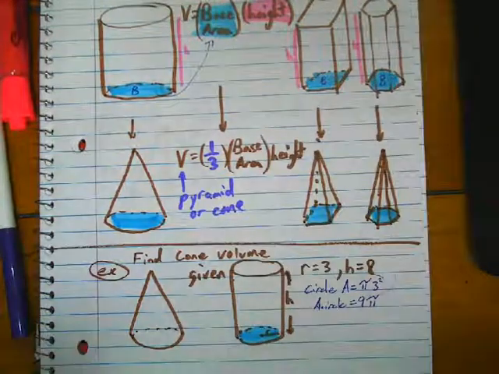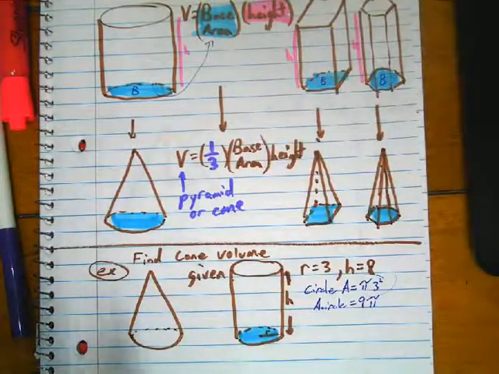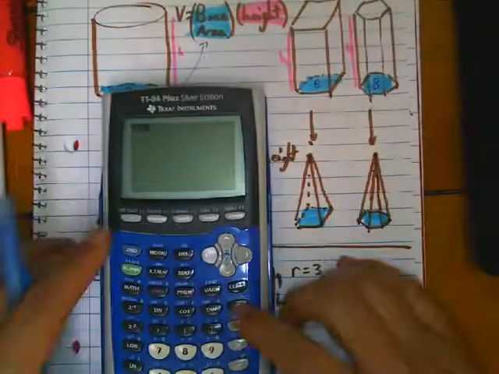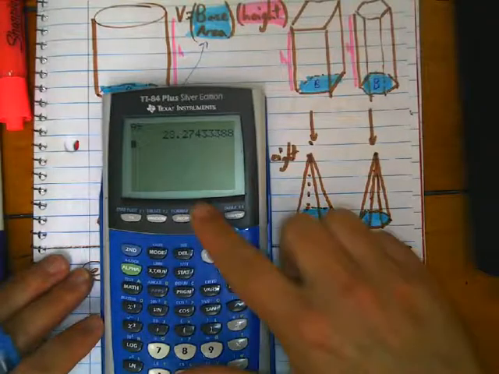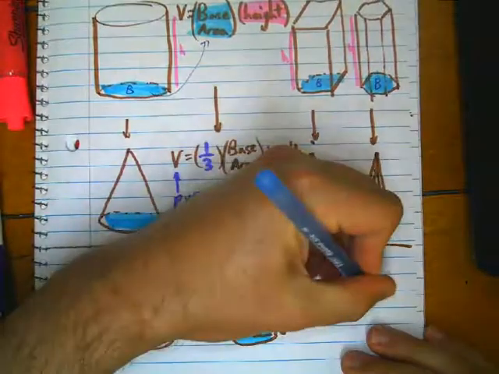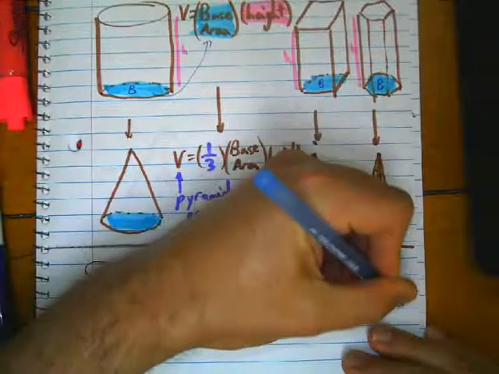Okay, and if I'm using my calculator, I can approximate that. 9 times pi, and I get 28.3. I'm just going to write it down. 28.3.